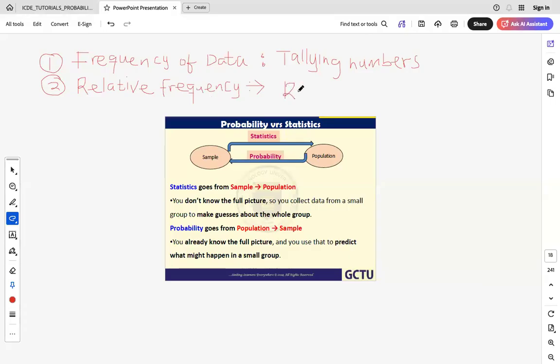Your RF, relative frequency, is equal to raw frequency divided by total frequency.